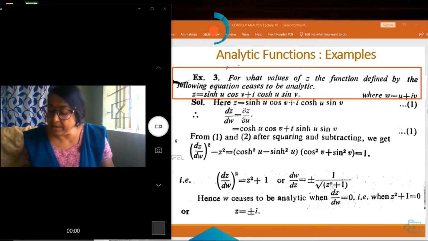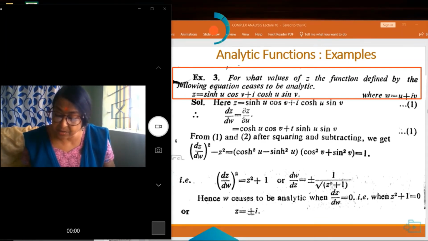Now (dz/dw)² = z² + 1. So dw/dz = ±1/root(z² + 1). Hence, the function ceases to be analytic when dz/dw = 0, that is, when z² + 1 = 0, that is, when z = ±i.